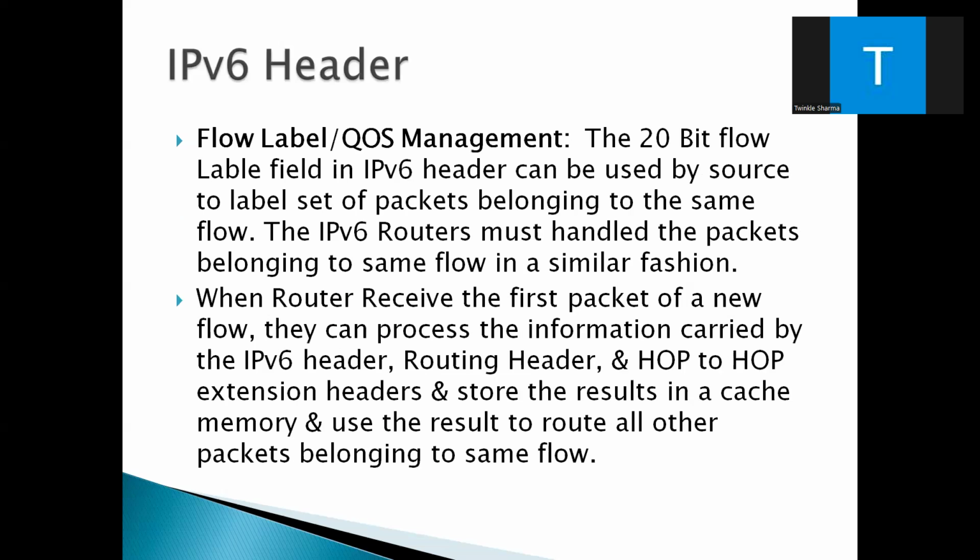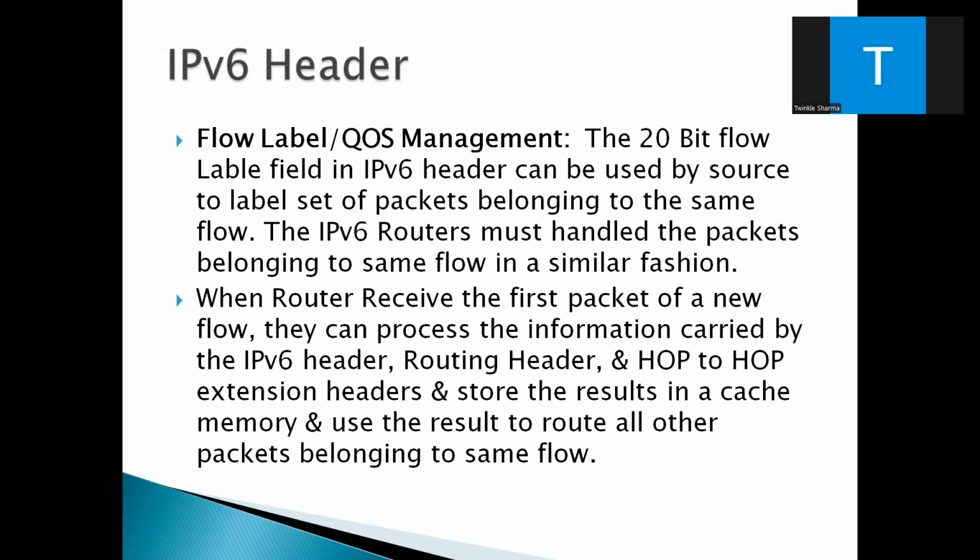Then we have the flow label and QoS management. The 20-bit flow label field in the IPv6 header can be used by the source to label a set of packets belonging to the same flow. The IPv6 routers must handle the packets belonging to the same flow in a similar fashion.